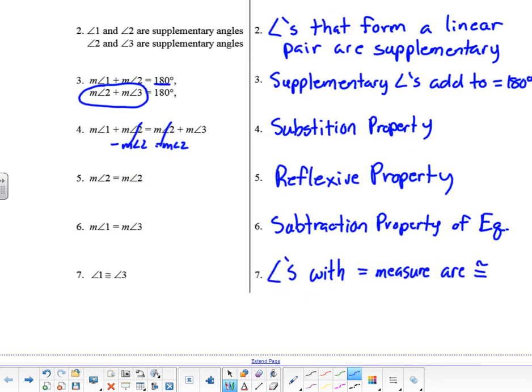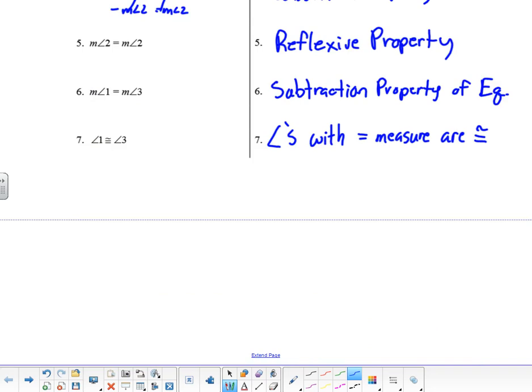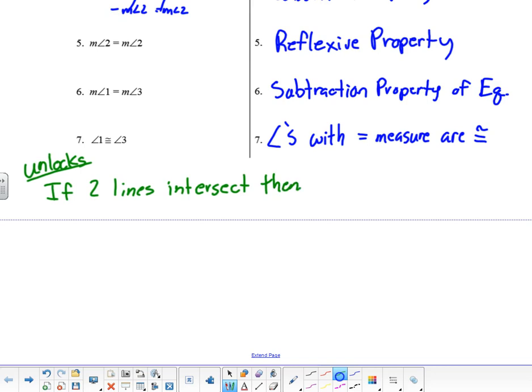Now, how are we going to use this for us this year? What this proof unlocks for us is: if two lines intersect, then they form congruent vertical angles.